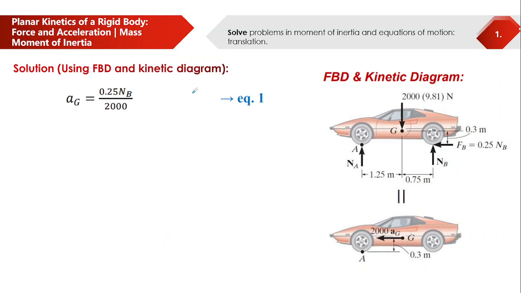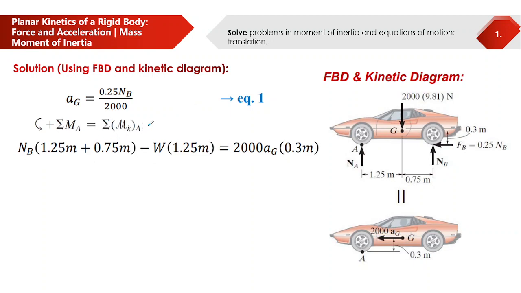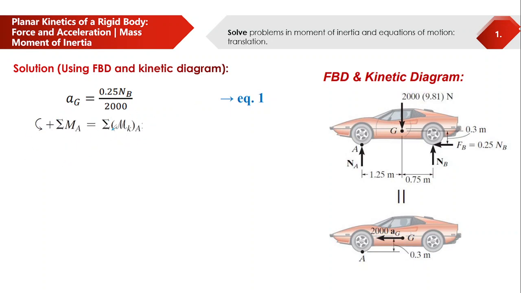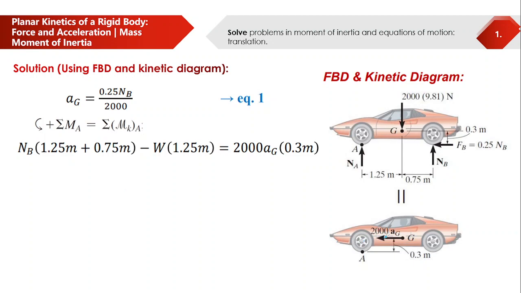Okay. Next is the moment. Then, we equate it to the kinetic moment of the car. Okay? So, the summation of all moments at point A. So, n sub b is 1.25 away from point A. Take note, away from point A. So, that would be 1.25 plus 0.75.